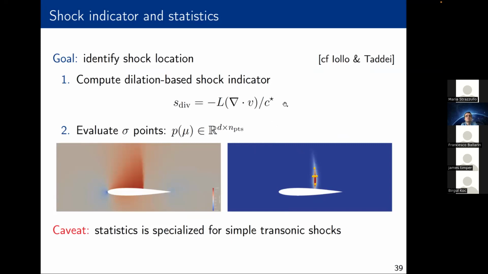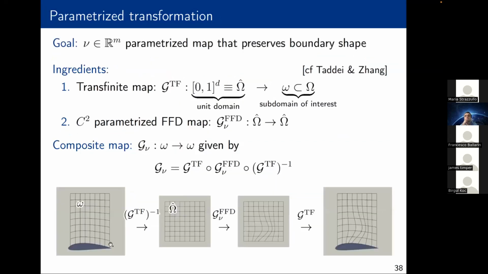And the reason that we have limited abilities is, first of all, the way we construct this map, we basically identify a small region where we apply the transformation, and that is typically attached to, for example, airfoil or wing. So it has to be a fairly small region.